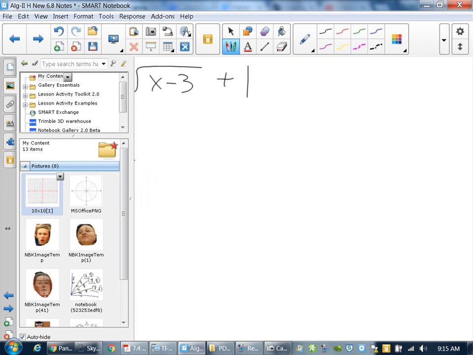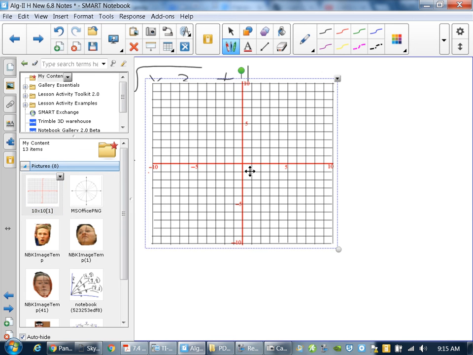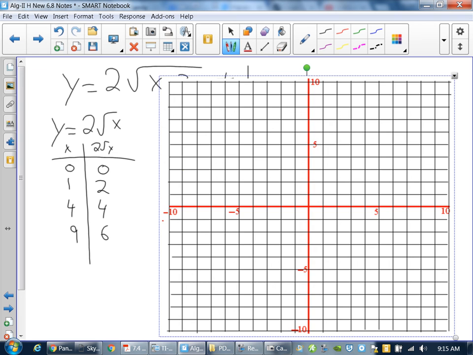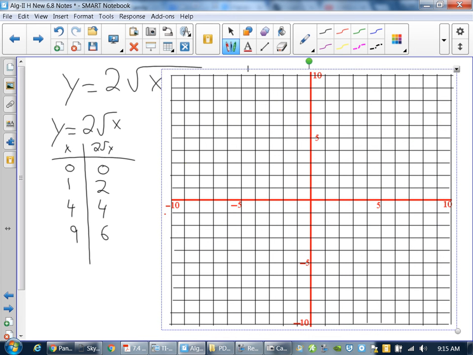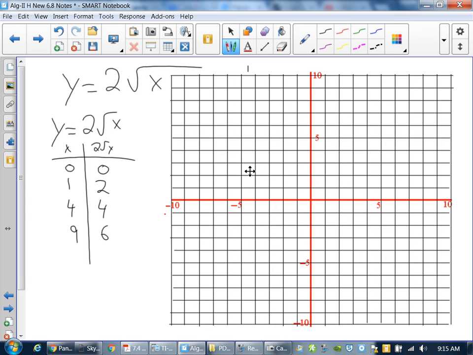So these will be my parent function ordered pairs. Are you okay with that? So the parent function is just the x. Yeah, with the scalar, and then we'll shift it. Okay, we'll do it that way. So now we have 0, 0, 1, 2, 4, 4, 9, and 6.